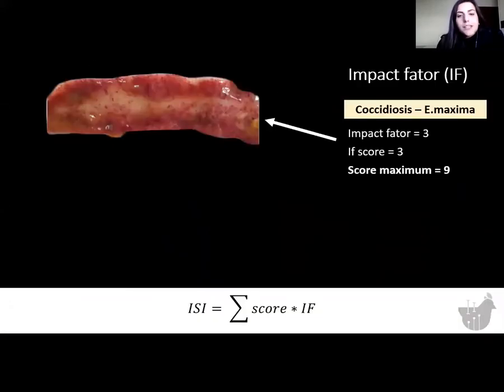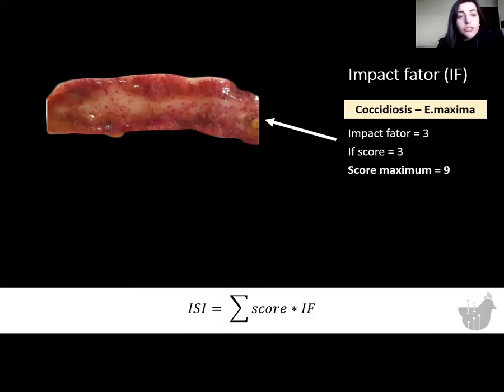The different tool that we have in this method is the impact factor. So what is the impact factor? Each one of these lesions receives a different impact factor according to the severity of the lesion to the bird.